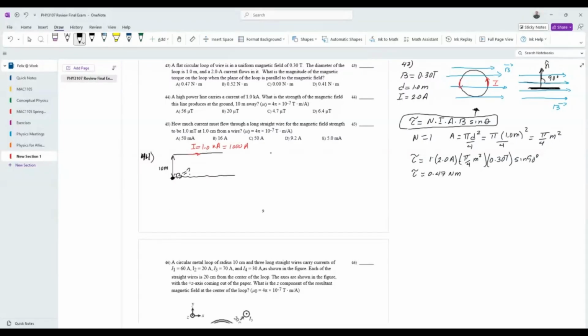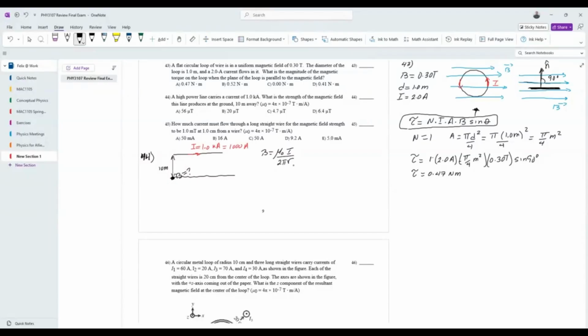How can we calculate that? The magnetic field surrounding a current carrying wire is equal to mu sub 0 I over 2 pi r. This is how you calculate the magnetic field surrounding a current carrying wire.